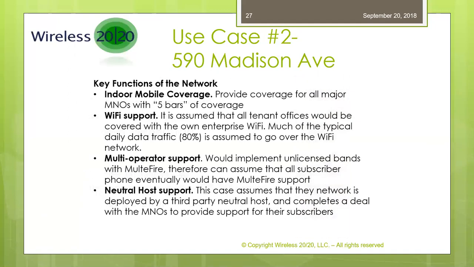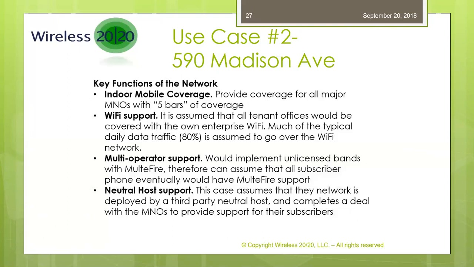So number one, what are the key functions of the network? We want to support indoor mobile coverage, provide coverage for all of the major MNOs with 5 bars of coverage. And again, this is critical not only for the operators who want their subscribers to have great coverage and great capacity available to them at all times, but for the building owner.